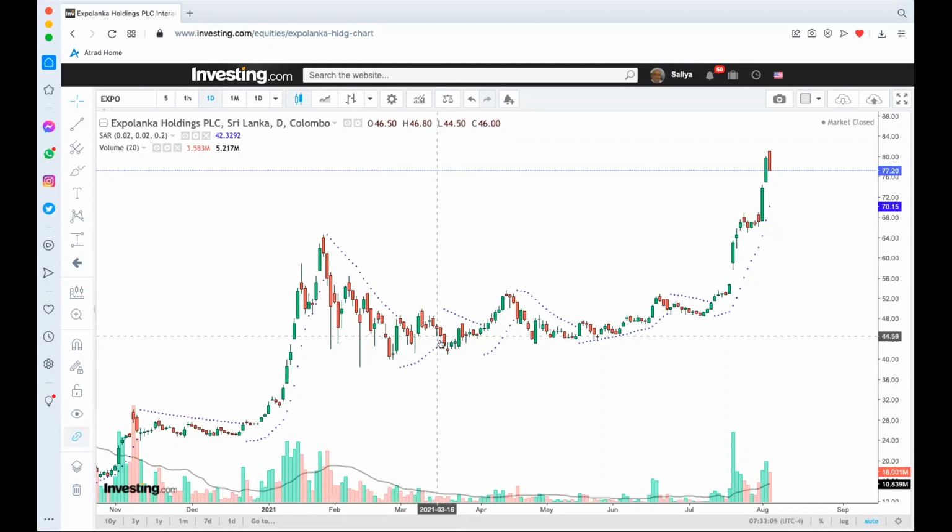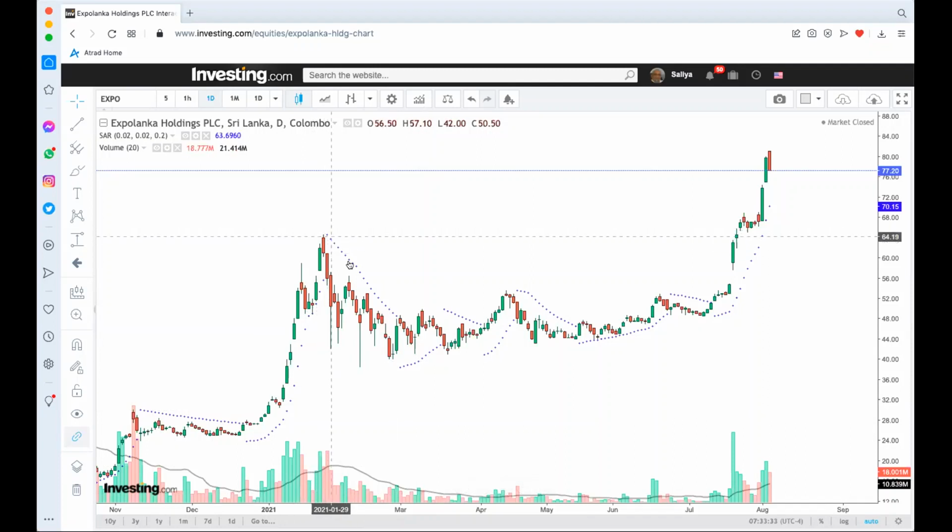It got retested, and then you can see that the parabolic indicator moved to the top of the price line, right? So that is an issue that you have when you just use the parabolic SAR. This breakout needs to be confirmed with volume behavior as well, right?